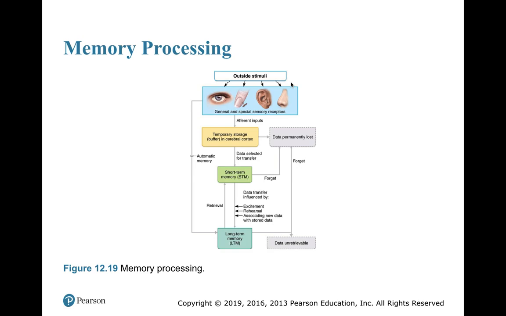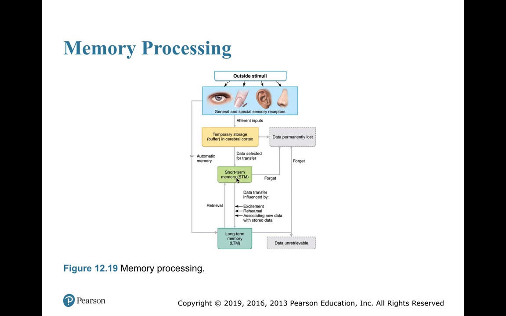So we have outside stimuli from our various senses. They're temporarily stored in our cerebral cortex, kind of in a buffer. A lot of it is permanently lost, but some of it will be transferred to short-term memory. In the short-term memory, a lot of that will be lost, but some of that will be transferred to long-term memory.